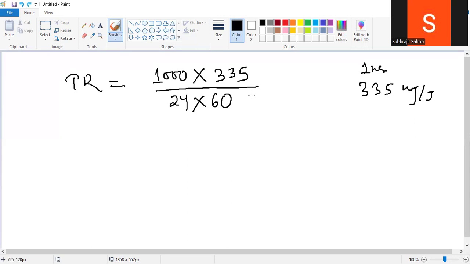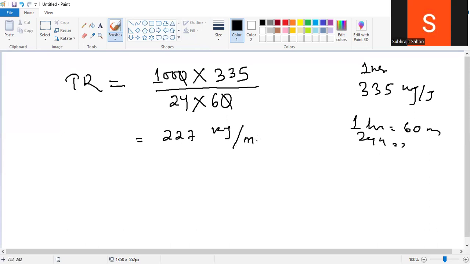I'll keep it 24 into 60. 1 hour is 60 minutes, so 24 hours is 24 into 60 minutes. If I solve this one, how much answer will I get? Around 227 kilojoule per minute.